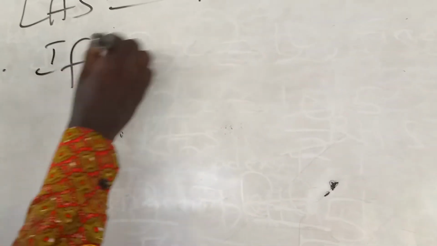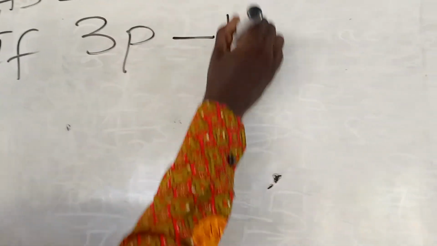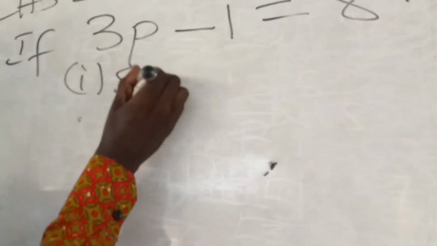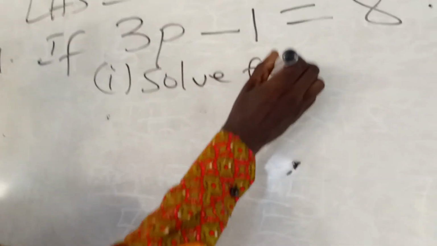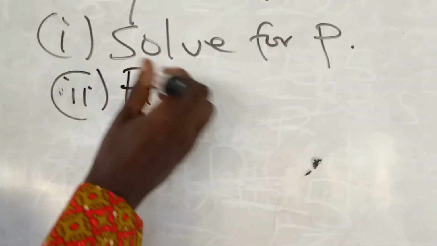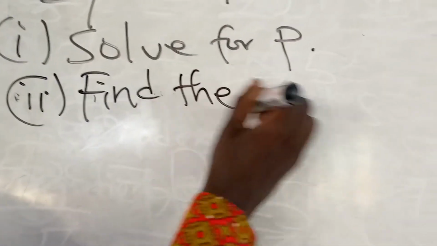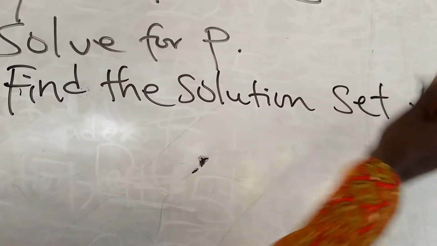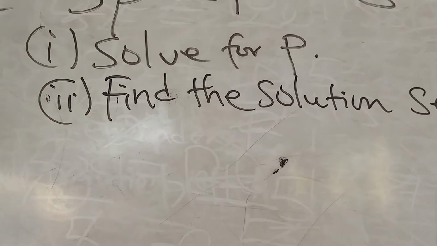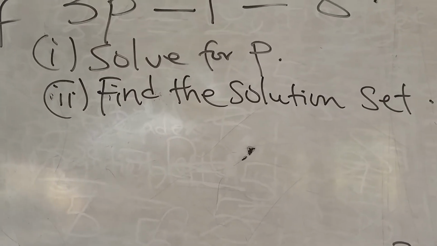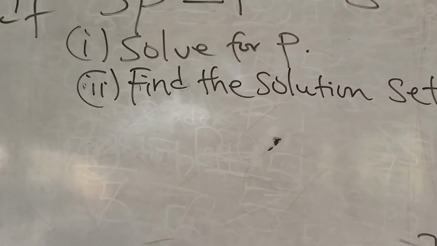If 3p minus 1 is equal to 8, find the solution set. So you see now, I am expanding the questions. I have now given you 3p minus 1 is equal to 8.